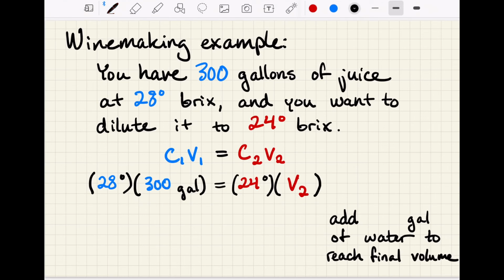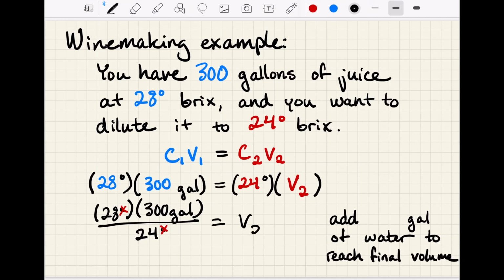So if we go through and do that math, we end up with 28 degrees times 300 gallons over 24 degrees Brix. And again, our units on the Brix are going to cancel out, so we will be solving for gallons. That is equal to our V2.